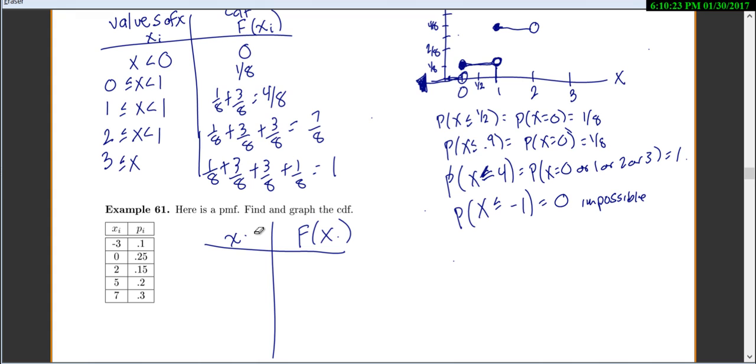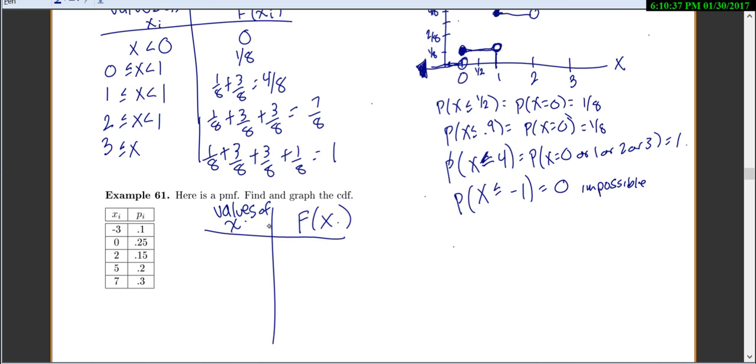In fact, we don't even put xi on it because it's all values of x. Because we're not doing just 0, 1, 2, and 3. We have to do all real numbers. So what I usually do is I write down each of the numbers that I'm actually interested in, and then kind of go through and fill in the rest.